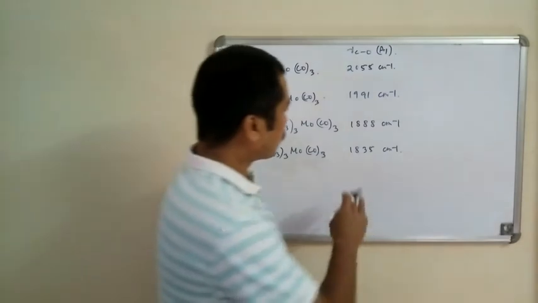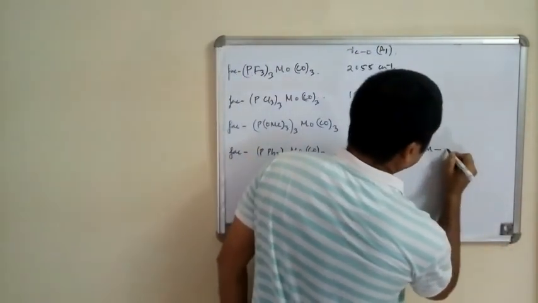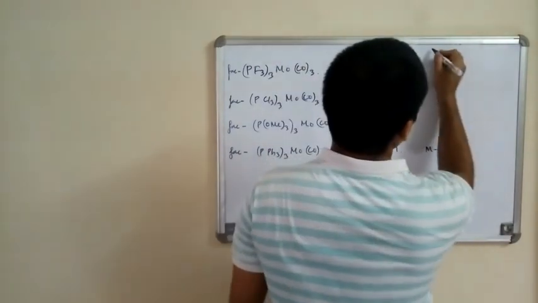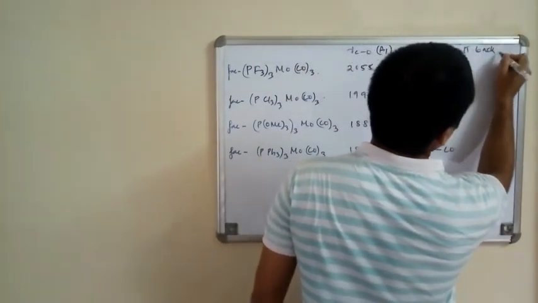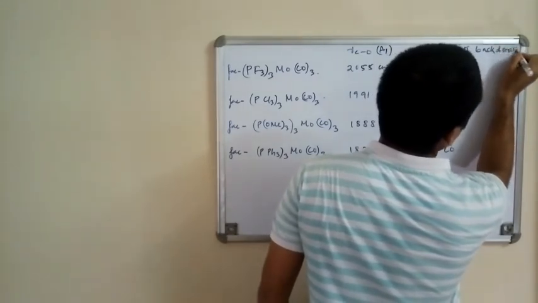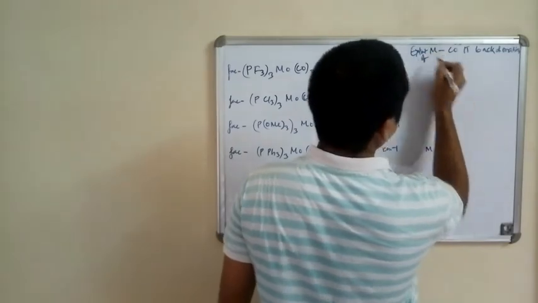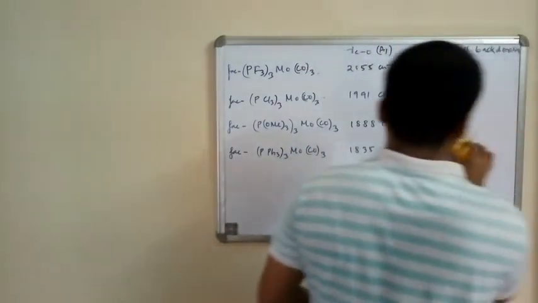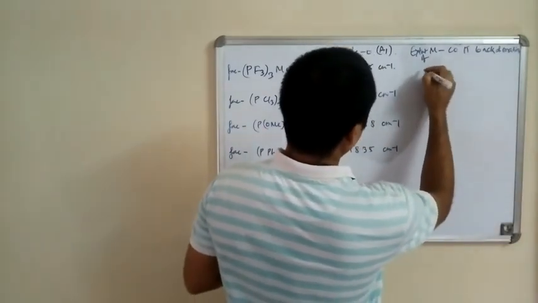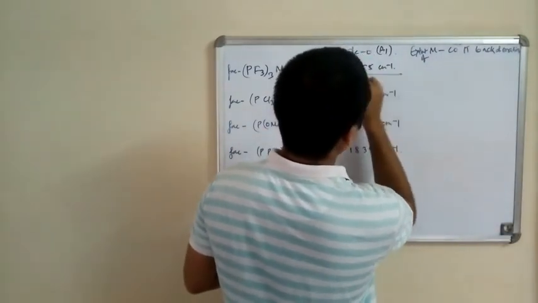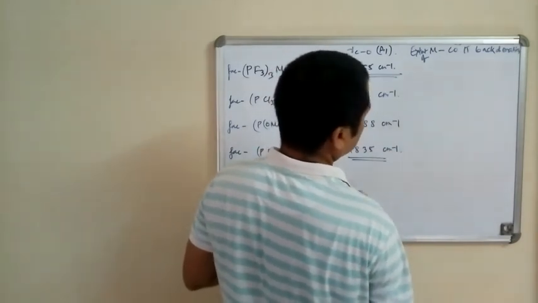So by looking at this, what we can predict is that the extent of pi back donation from metal to CO increases; it is lowest in this case, but it is highest in this case.